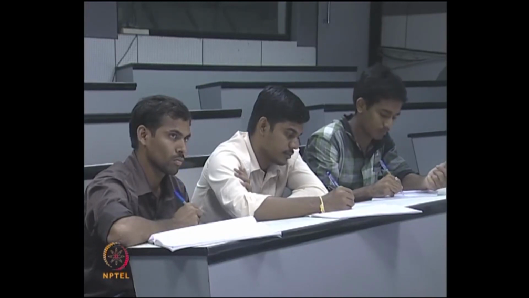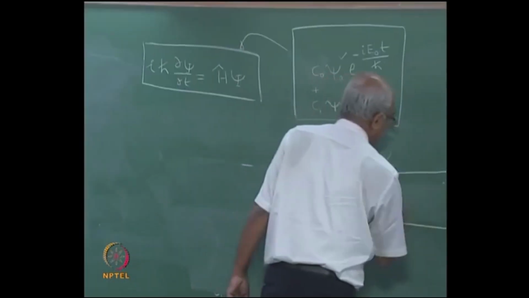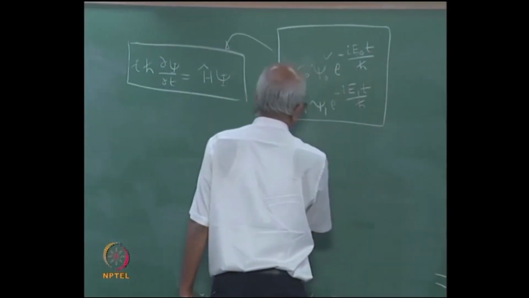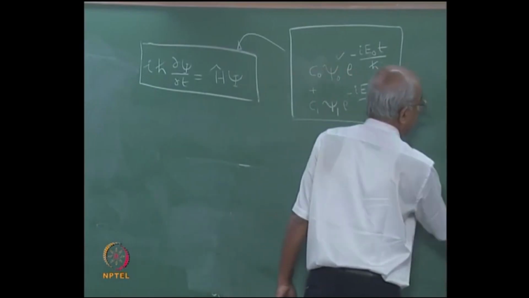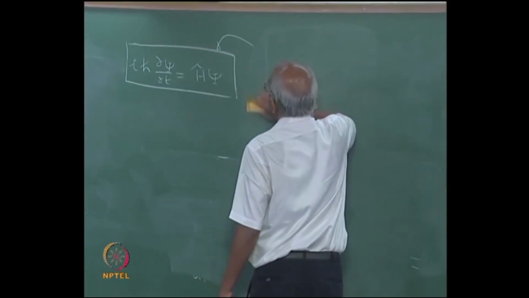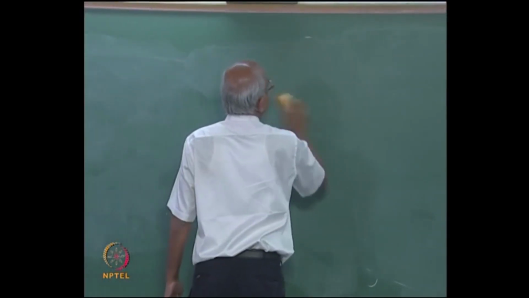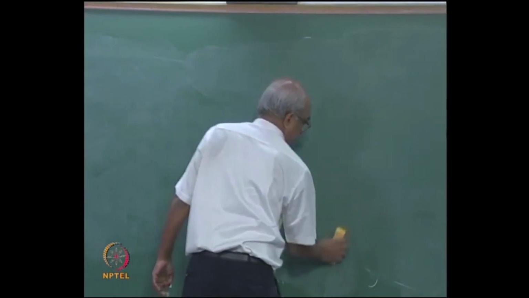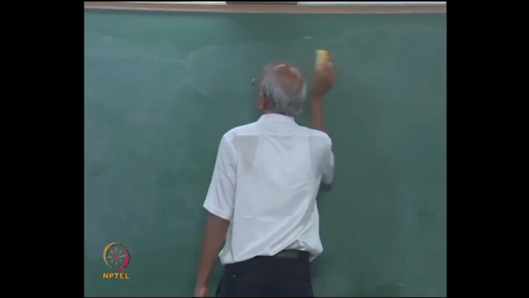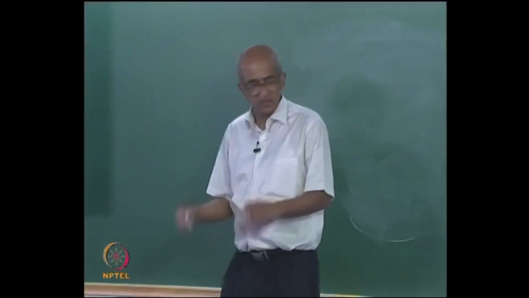Now, we have all the machinery that we need to look at chemical examples, and that is what I am going to do. I am going to look at the simplest possible example. So, the simplest possible example is this.